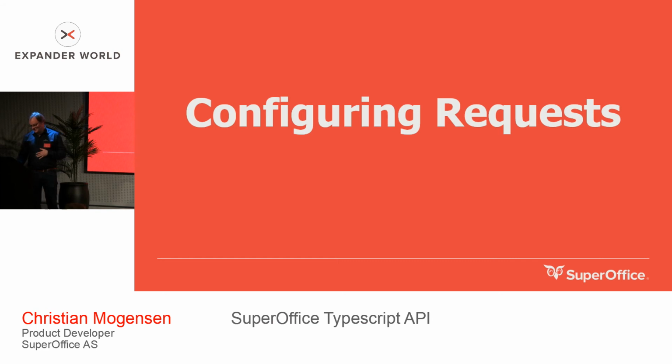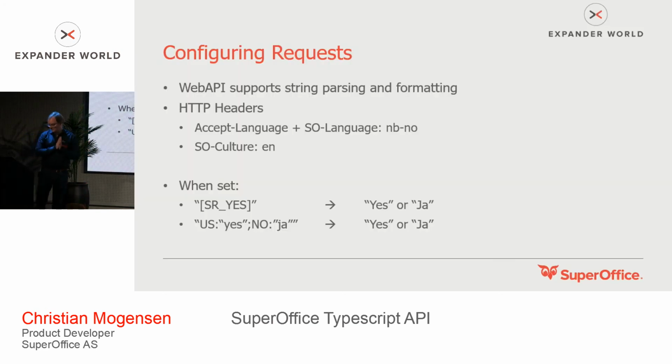So, configuring requests. Coming to the end. The Web API has some hidden features. If you send the accept language or SO language, then we will do language parsing for you.